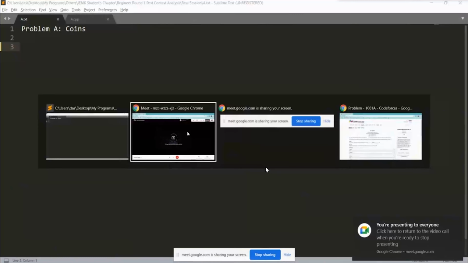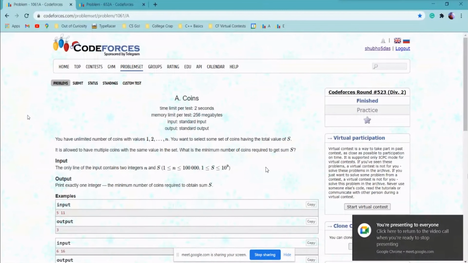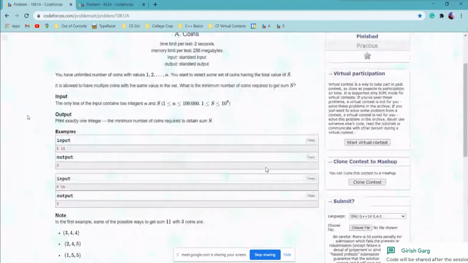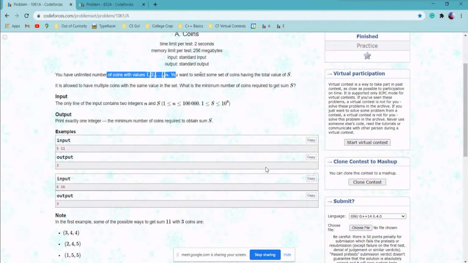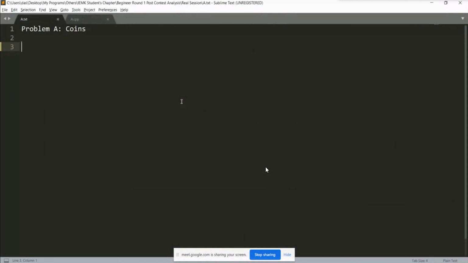Yes, it is visible. All right, then let's look at problem A. Problem A says that we have got a bunch of coins from 1 to n, and we want to obtain a value of S using these coins, and the number of coins has to be minimized. So let's quickly have a look at this question.